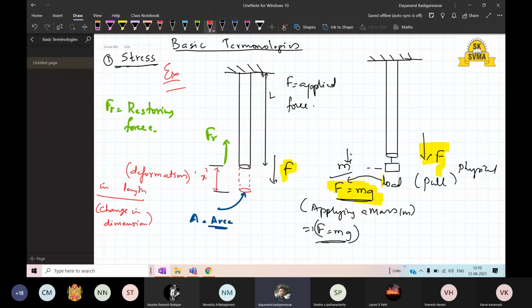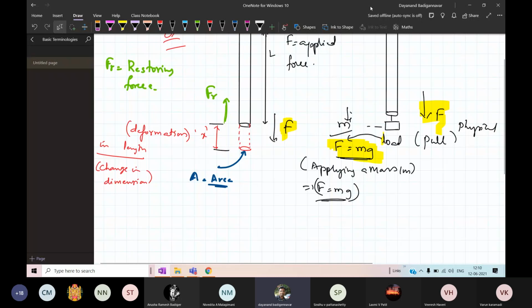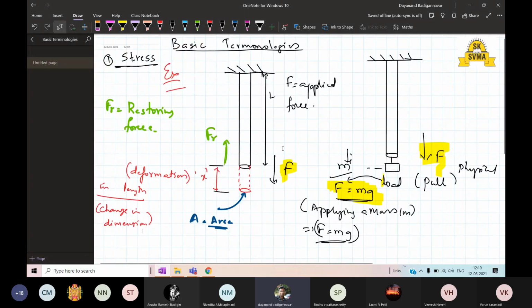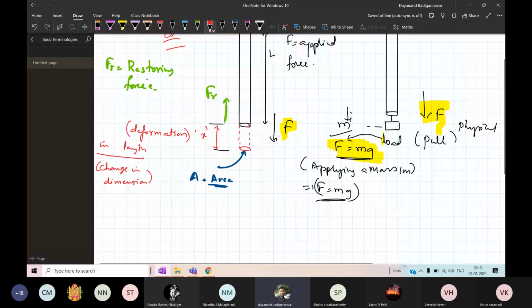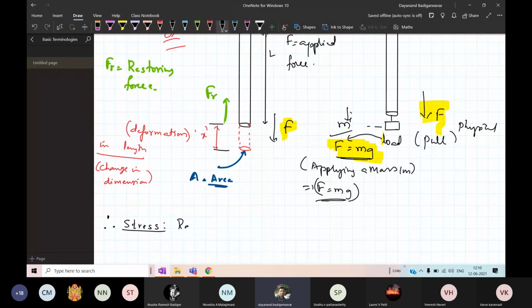The length will change. So therefore I can define the first term, stress. Stress is defined as the restoring force per unit area.